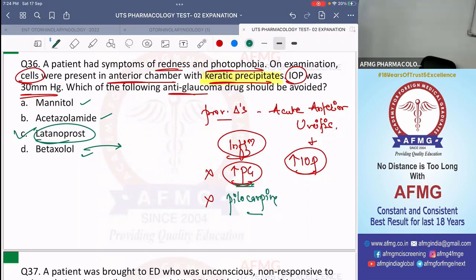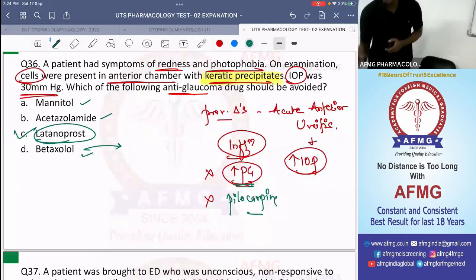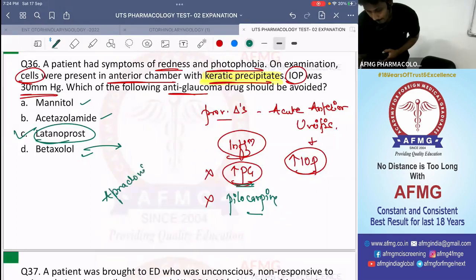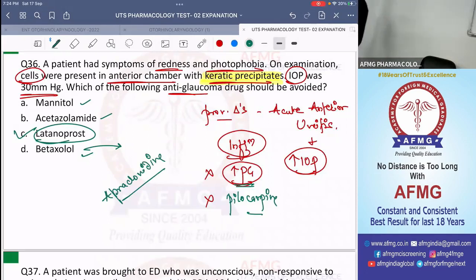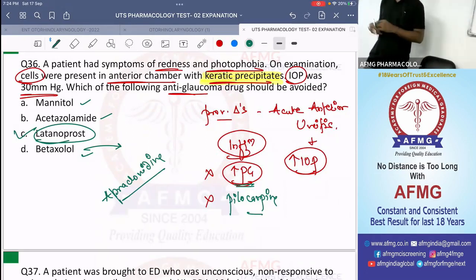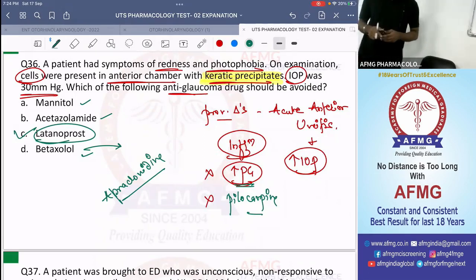Also you can use carboprost in the patient. कोई दिक्कत नहीं है इसमें, याद रख लो. But in pregnancy or children, which is the anti-glaucoma drug used? Apraclonidine or brimonidine. Okay, it is used in pregnancy or children for glaucoma. ठीक है? No issues with this, anybody? तो याद रख लो.